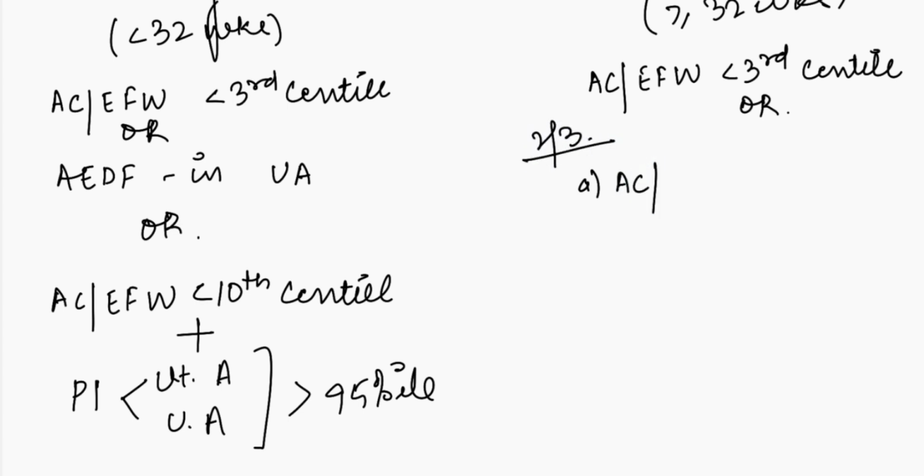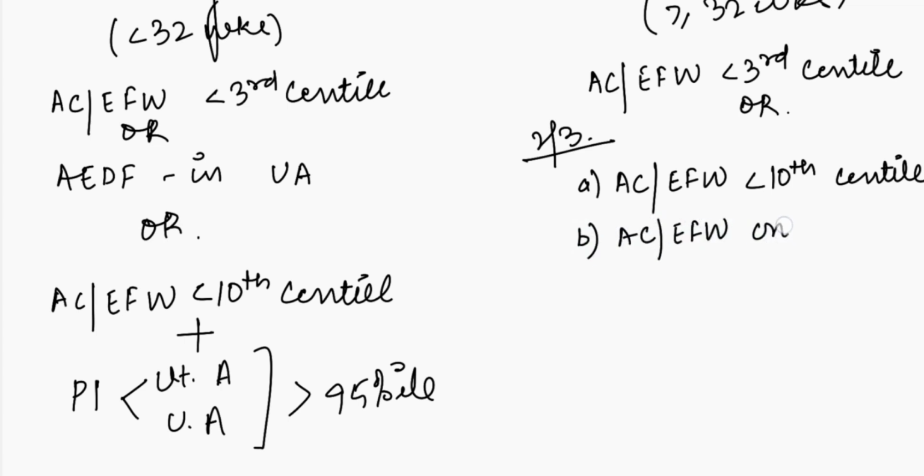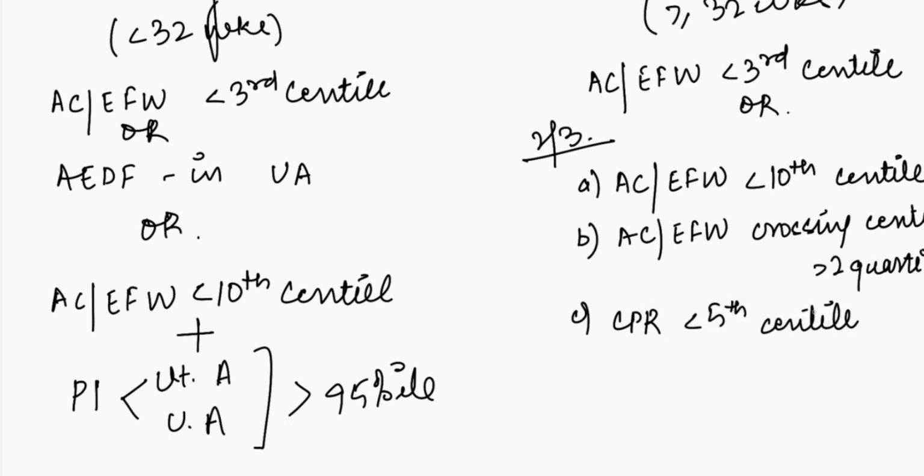Okay, AC and EFW less than 10th centile, or they are crossing the centiles of more than two quartiles, or CPR, that is cerebroplacental ratio, is less than fifth centile, or umbilical artery pulsatility index more than 95.